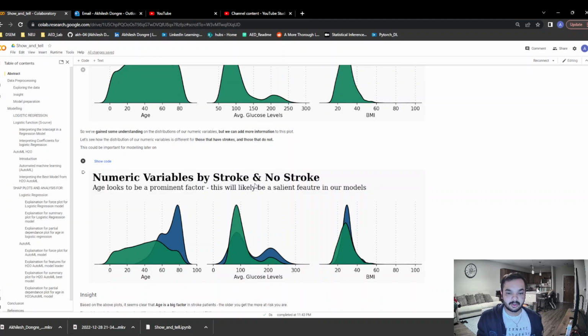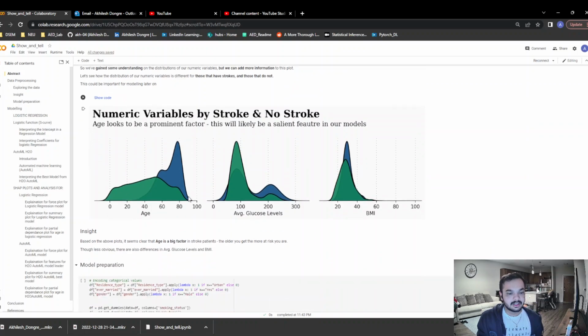With respect to stroke, how can we do this? If we see age, higher age is a prominent factor for a person to have a stroke. Similarly, people who have higher glucose levels tend to have a higher chance of suffering a brain stroke.